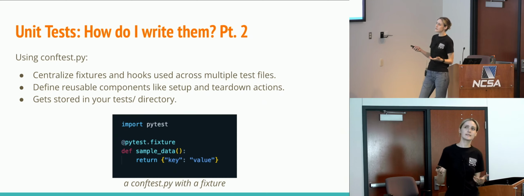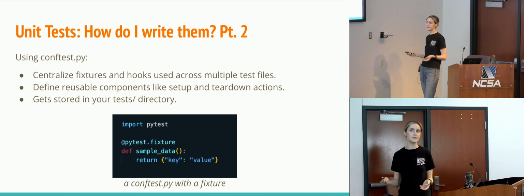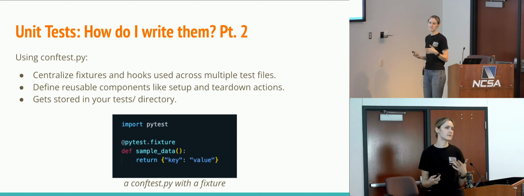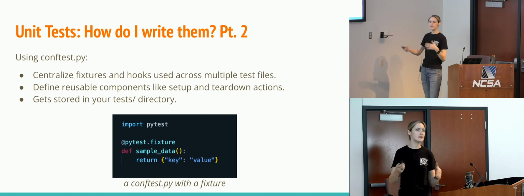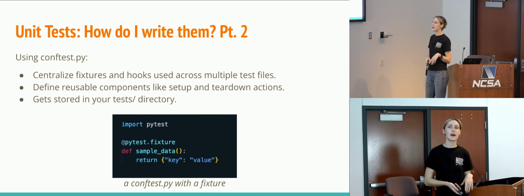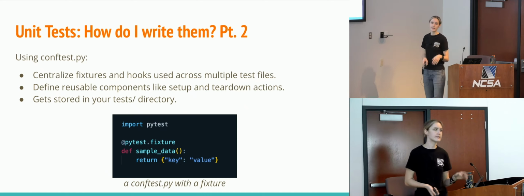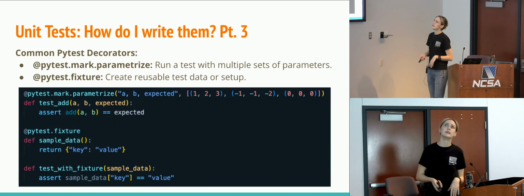A really nice example would be this fixture here that you might fill in with configuration values that you often use, or a really simple bit of data that you're passing around, just whatever might be used a lot throughout your unit tests. Instead of typing it out each time, you can have this here, and then if you decide you're renaming the key, then that'll be taken care of through everything that then uses it.